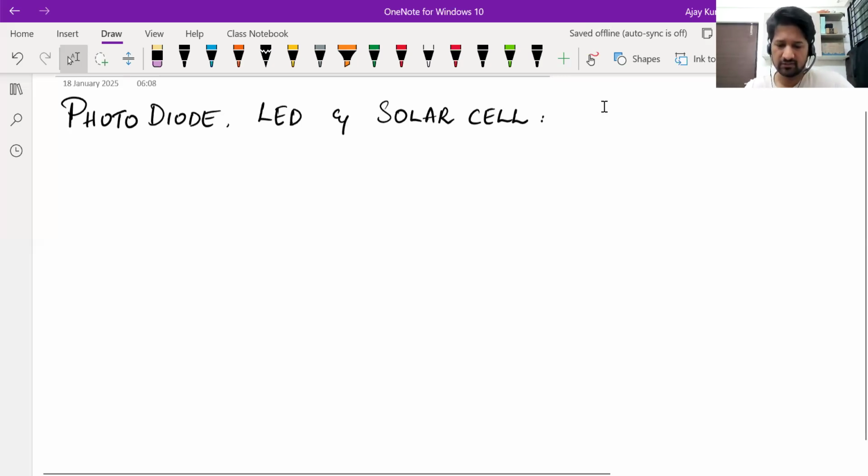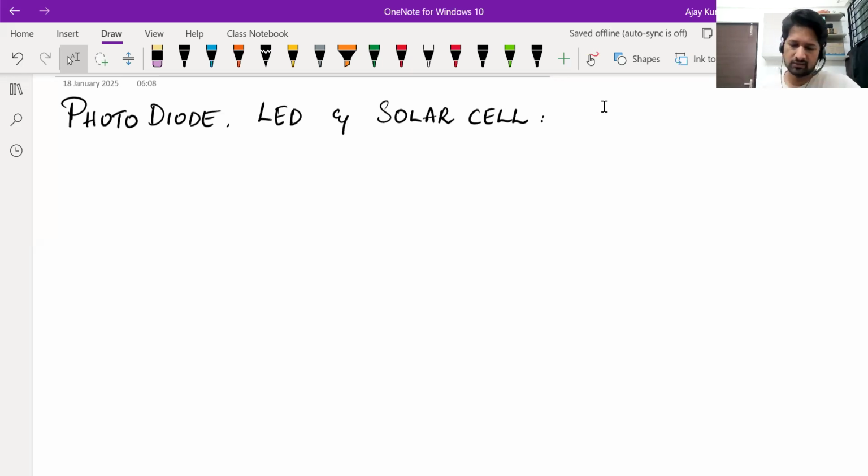Right. So in this class, we'll be discussing some special purpose diodes: photodiode, LED, and solar cell. Can any of you tell me what a photodiode is used for, or what its basic function is?